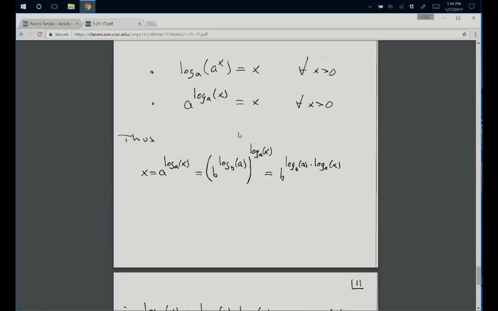Then Stirling's formula is an asymptotic formula for n factorial. N factorial is equal to square root of 2 pi n times n over e to the power n times 1 plus theta of 1 over n.